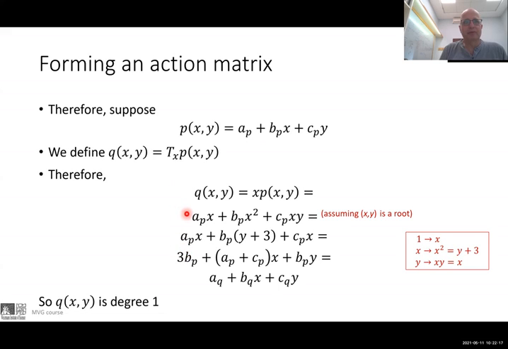We took P, which is AP, BP, CP. We multiply by x, so now AP times x, BP times x squared, CP times xy. We assume that x,y is a root of the polynomial system, and so we replace x squared with y plus 3, xy with x.